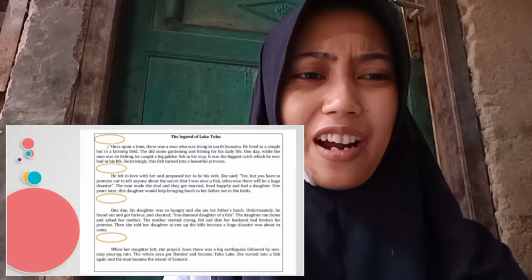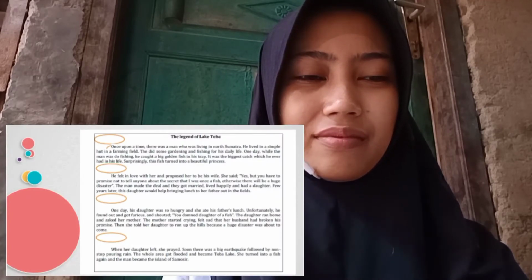One day the daughter was so hungry and ate her father's lunch, and then the father was angry and broke the promise. Still complication. So how about the last paragraph? Resolution. Yeah, the problem is resolved.